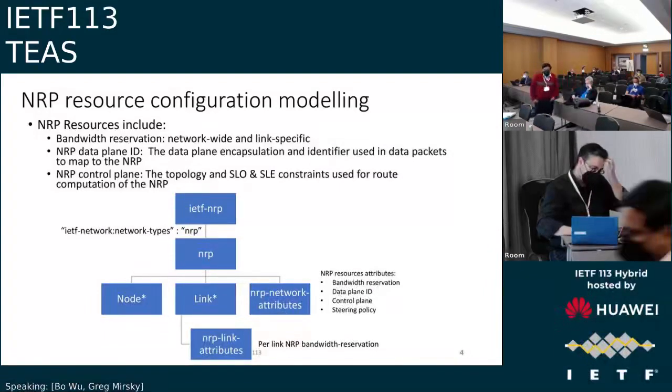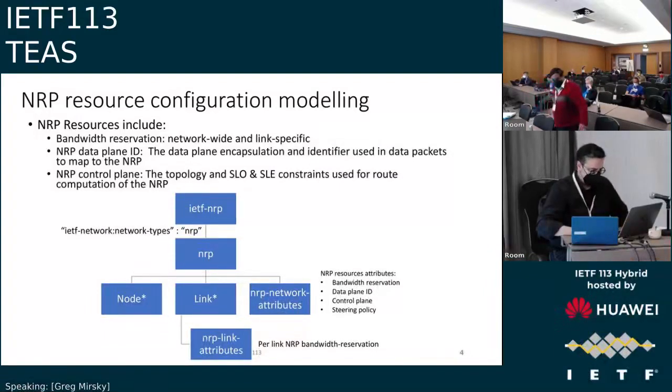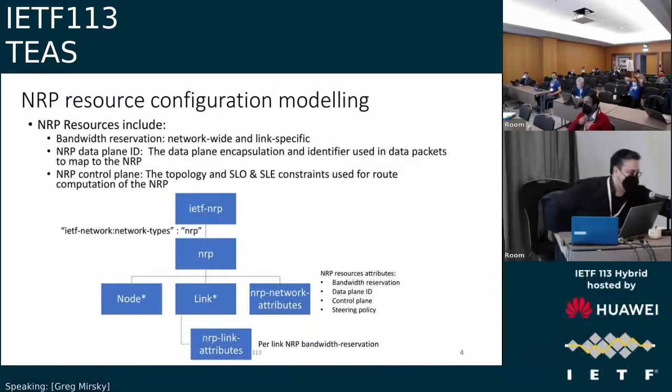That seems to be a property of realization of a slice, not the slice itself. It's not the slice. It's NRP resources. It's not specific to some slice service. No, but it's how you realize the slice service.